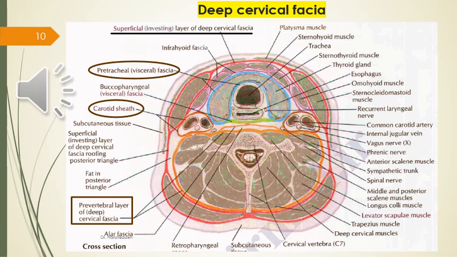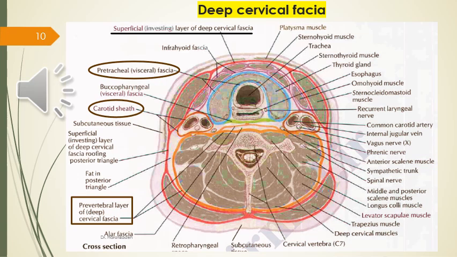As you know, in the posterior triangle, the brachial plexus exists together with the subclavian vessels, and their course continues into the axilla inside this axillary sheath.